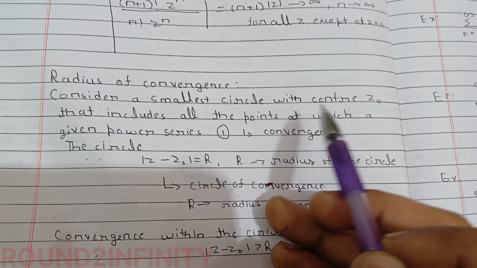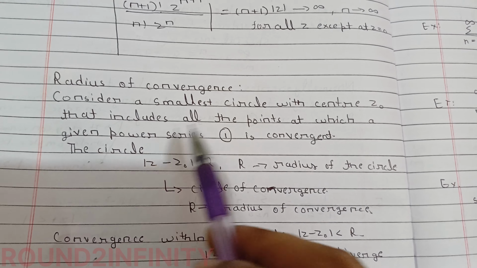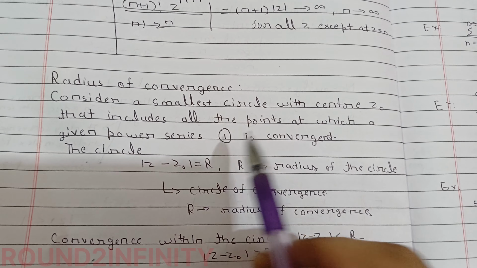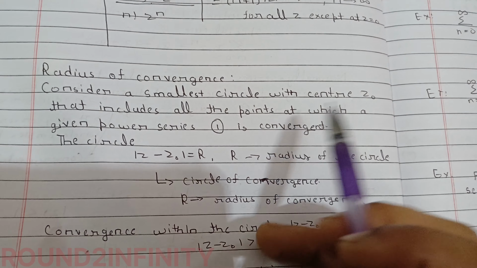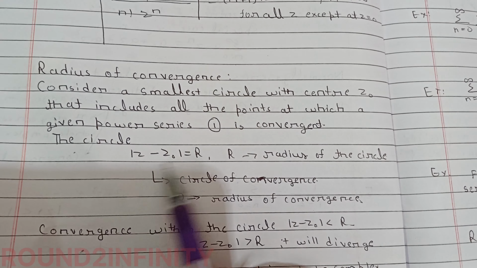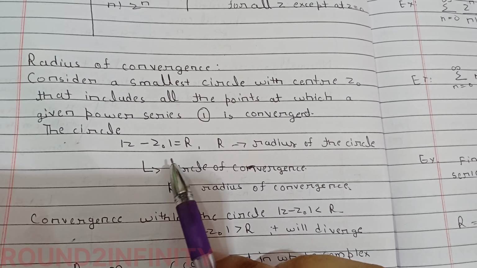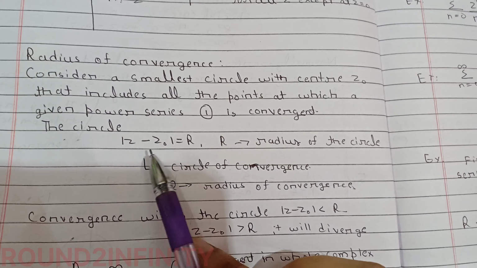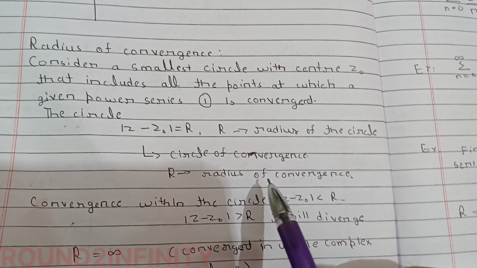Consider a smaller circle with center z0 that includes all the points at which a given power series is convergent. That circle, mod z minus z0 equal to r, can be represented in this form. So r is the radius of the circle, this is the circle of convergence, and r is the radius of convergence.